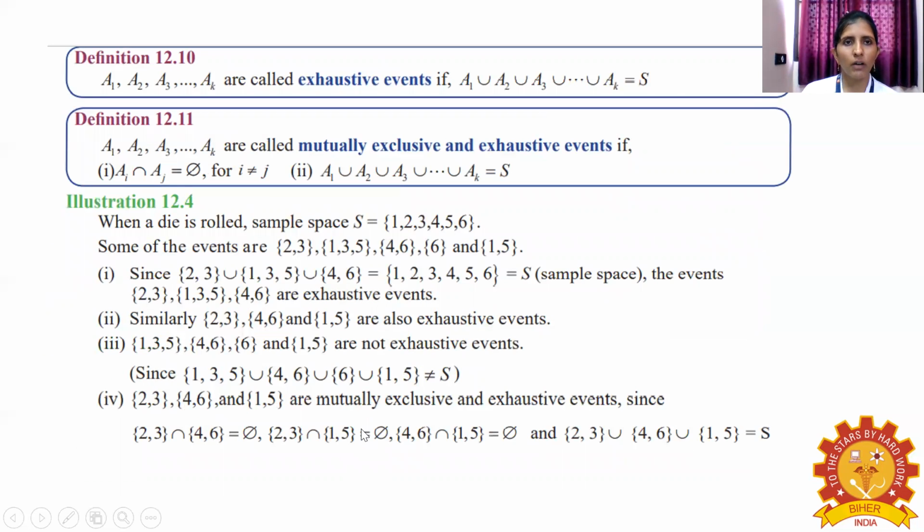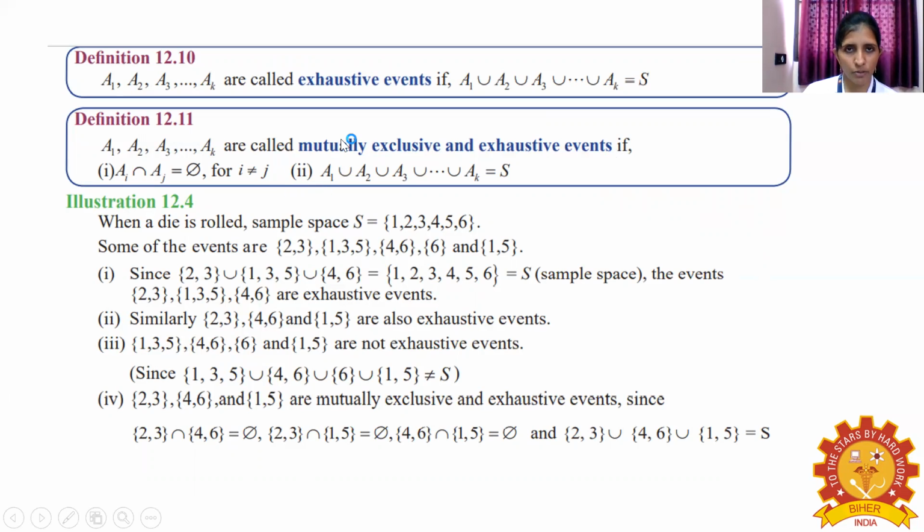So when do we call a set of events exhaustive? If the union of all the events is equal to the sample space, then we call these exhaustive events. And suppose A1, A2, A3 to AK are mutually exclusive and exhaustive events.